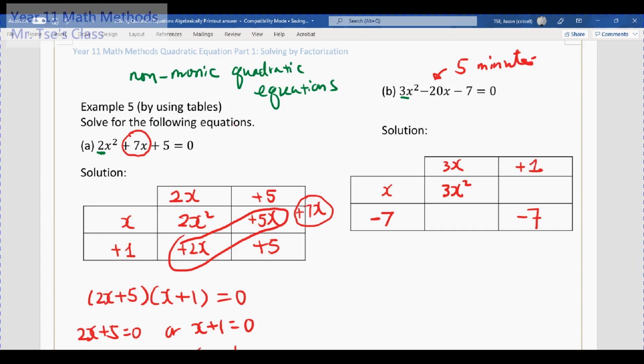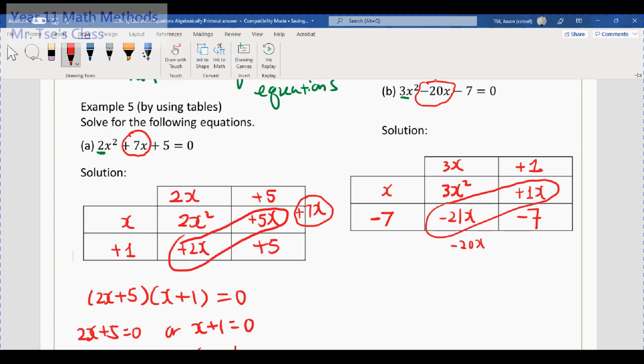Minus 7 times 3x is minus 21x, plus 1 times x is plus 1x. This time it looks really promising. Minus 21x plus 1x is minus 20x, so it fits the original equation. The middle terms are the same.